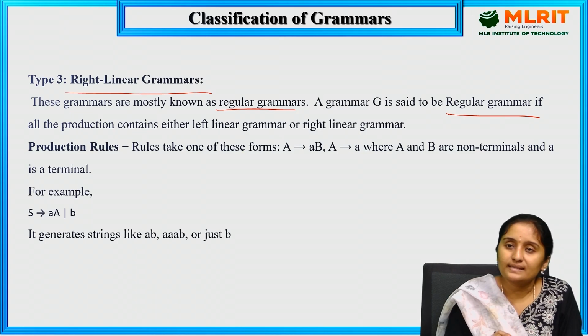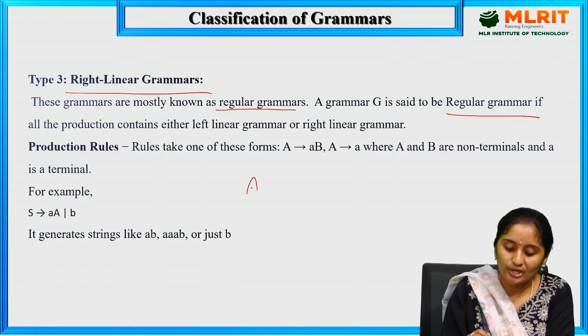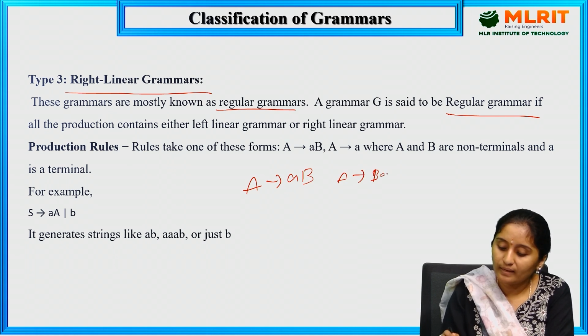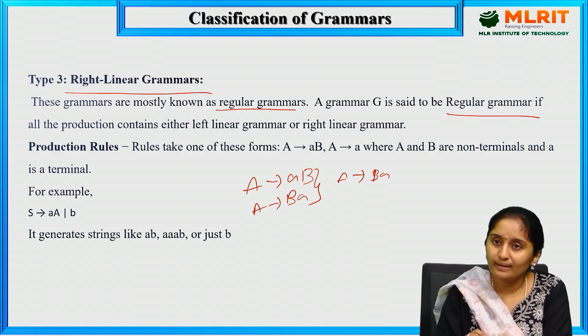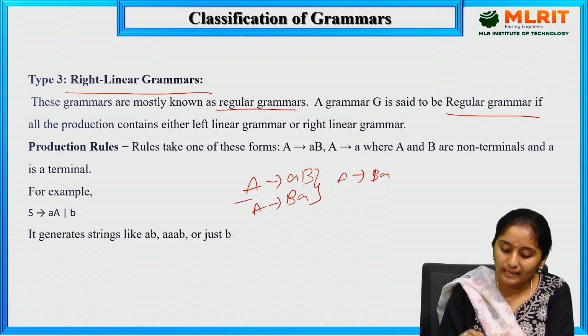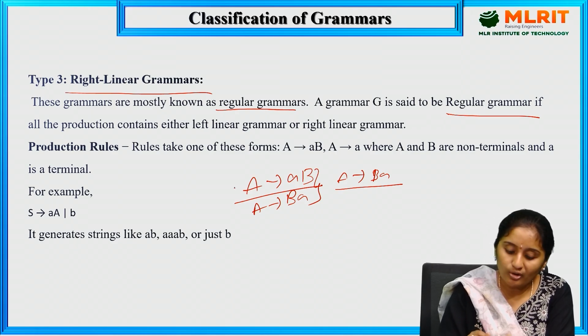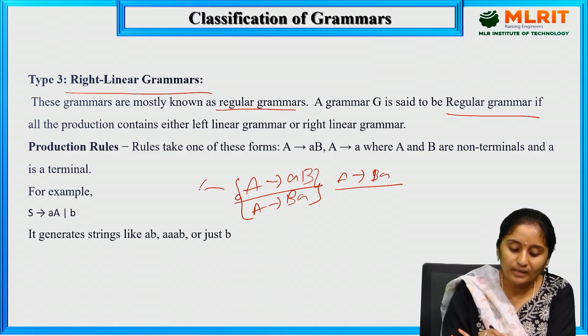In my production, I can have either right linear grammar or left linear grammar, but it should not be a combination of left and right linear grammar in the given grammar. If this is the case, then we can tell that it is not a regular grammar.